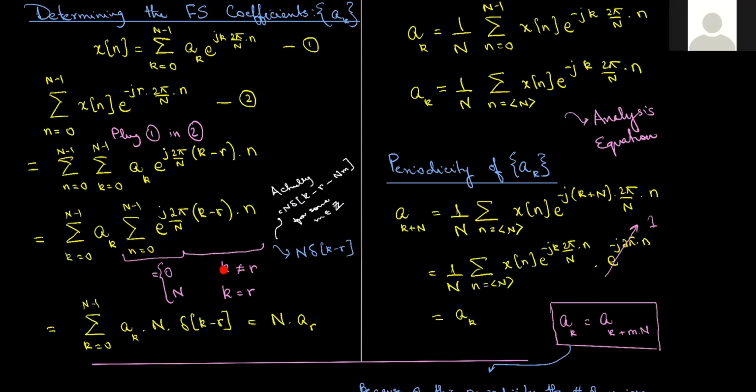Sorry, repeat that. Give me a second, I'm trying to understand. I got it during the lecture review. Basically, when k is equal to r, we have an exponential with the power of 0, and that becomes 1.